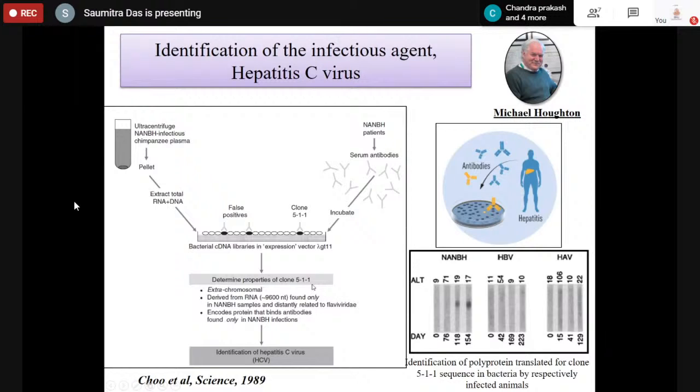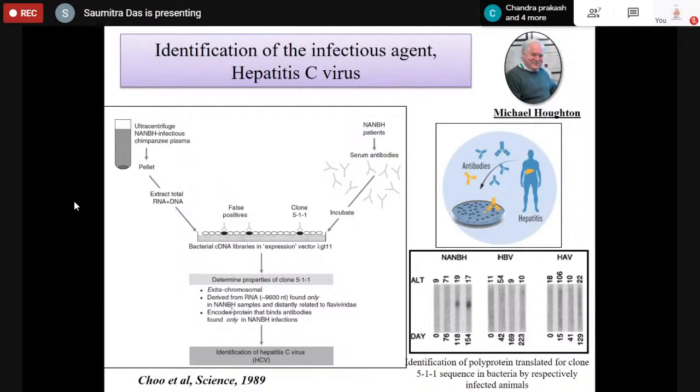It was named 511, which showed that it is extrachromosomal, derived from an RNA of around 9,600 nucleotides, found only in non-A, non-B viral hepatitis samples, and distantly related to flavivirus. Remember, this is 89, sequencing was not so popular.